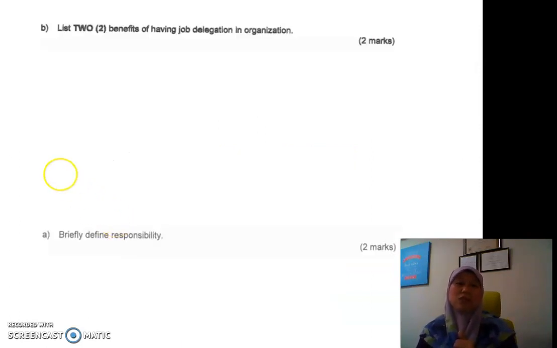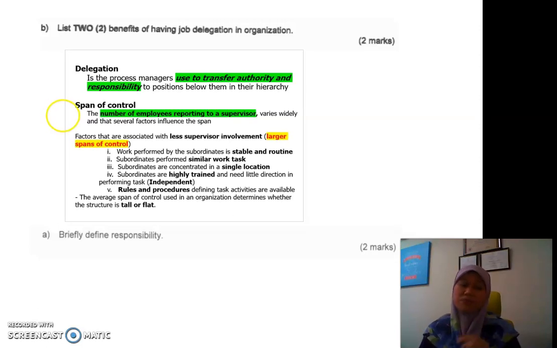Let's look at the questions related to the organization topic. List two benefits of having job delegation. It involves decentralization, so this slide will answer the question. The easy one is rapid or fast decision making.